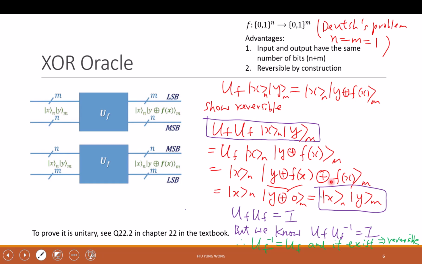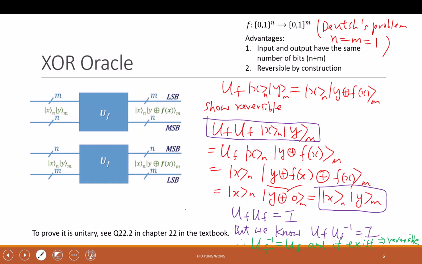In this case, this one is not going to be identity, and it is not going to be reversible as trivially as this one. So the way we construct it, it is reversible. It's reversible by construction. So the exclusive or quantum oracle is reversible in this sense, and there is a reason behind why we construct the quantum oracle in this way.